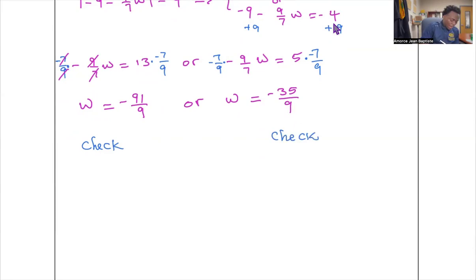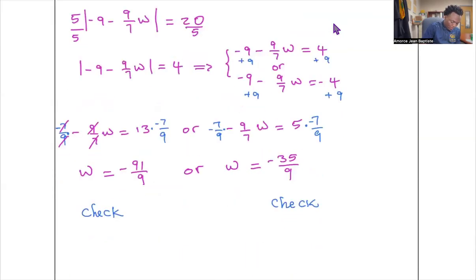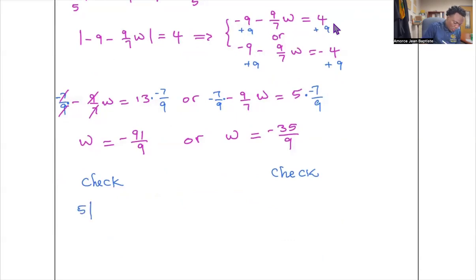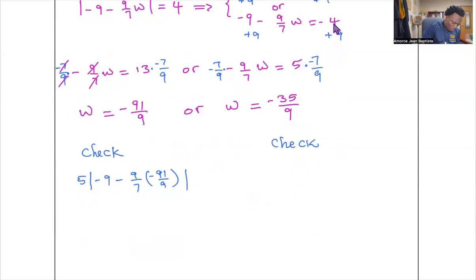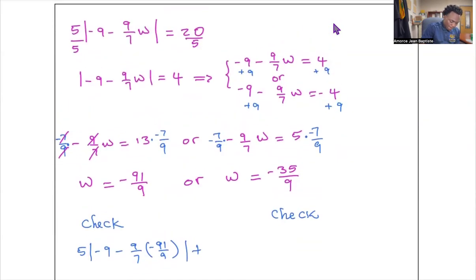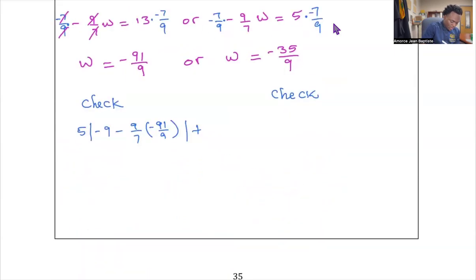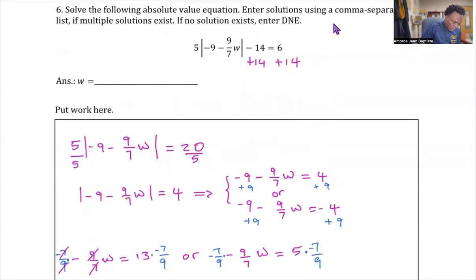So we're going to go back to the absolute value. 5 absolute value of -9 times -9 minus 9/7 times the value of W, which is -91/9 here. Plus 4, is it 14? Plus 14, is it 6?